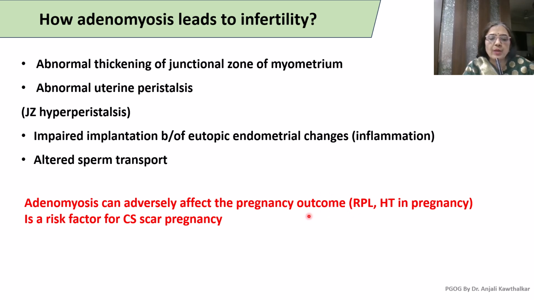Adenomyosis also leads to abnormal placentation, ultimately leading to all the problems with abnormal placentation, such as hypertensive disease in pregnancy, or fetal growth restriction. All these are also increased in women having adenomyosis. It is the most recent concept, the impact of adenomyosis on pregnancy outcome.